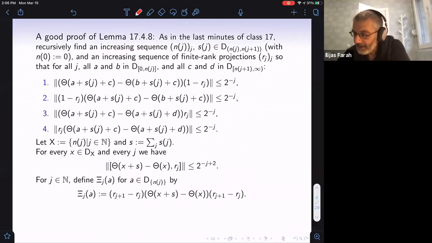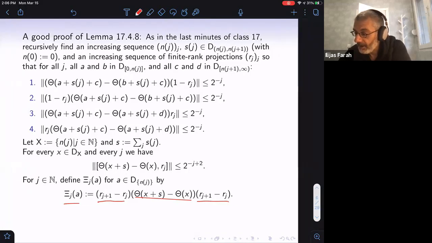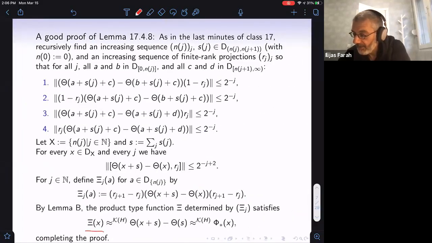And then you just define theta j to be the compression of r_{j+1} minus r_j of theta of x plus s minus theta of x. Now this is product type. And by the lemma, xi of x is modulo compacts equal to theta of x plus s minus theta of s.